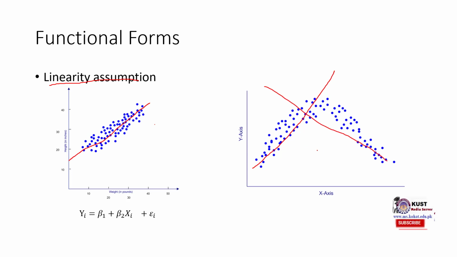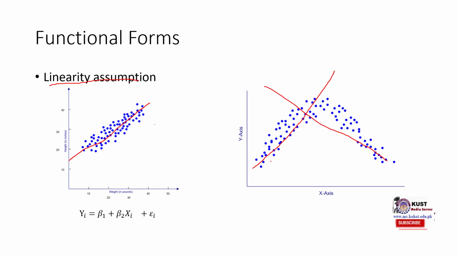In both cases, they won't be representative of the data. So in this case, this model isn't sufficient. This model would draw a straight line like this or this one, depending on the signs. So this model is not representative.